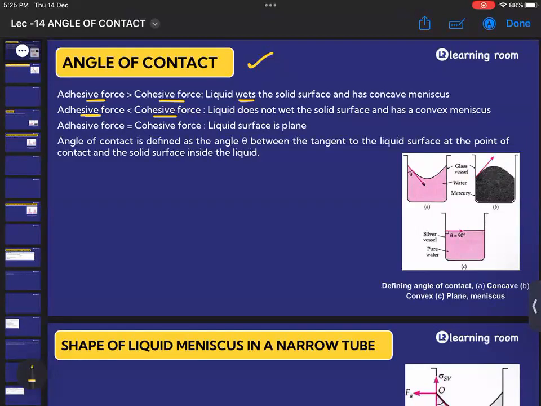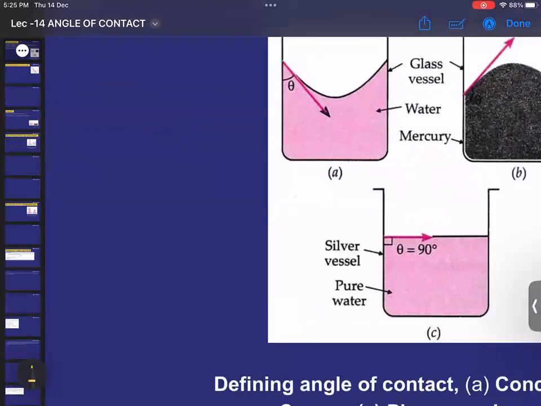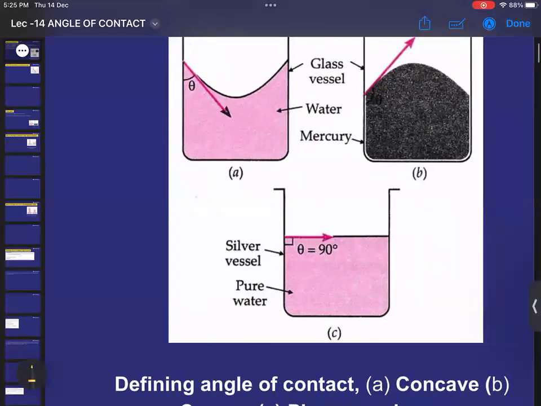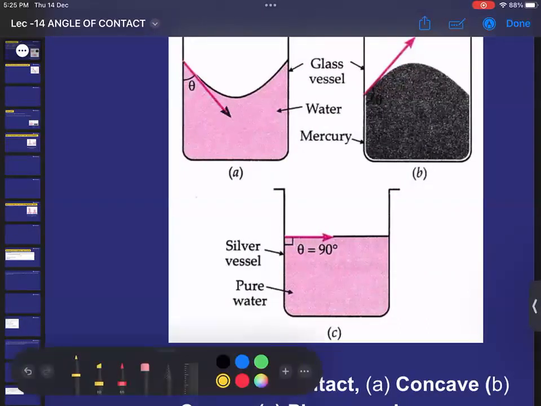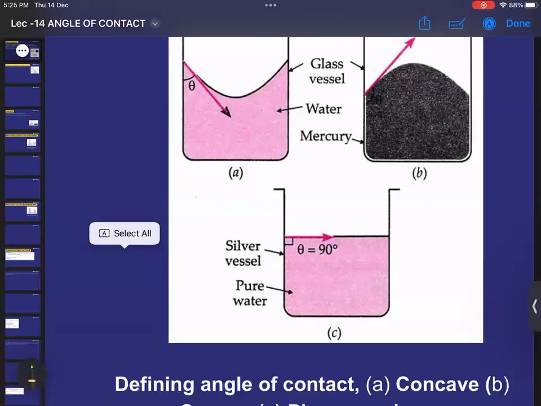By all these three things happening, I want you to focus on one important angle. You're able to see that if I draw a tangent at this point to that curve, the tangent is making an angle with the solid surface. Am I right? See, I repeat it.